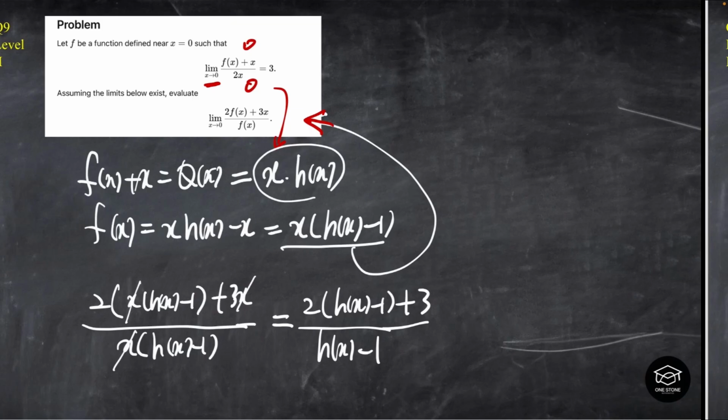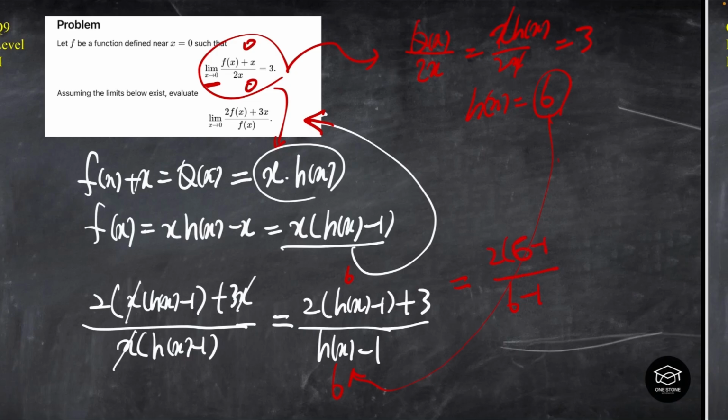Now go back to our earlier expression. Since q(x) equals x times h(x), the limit of q(x) over 2x is the same as the limit of h(x) over 2, which equals 3. Multiply both sides by 2, so h(x) approaches 6 as x approaches 0. Substitute h(x) equals 6 into the simplified expression.